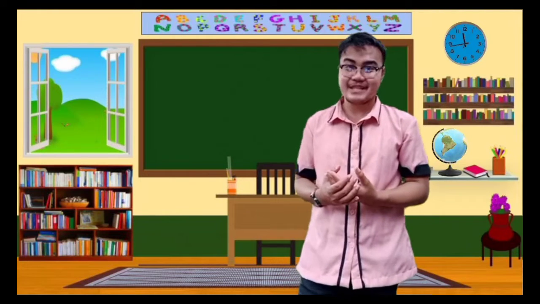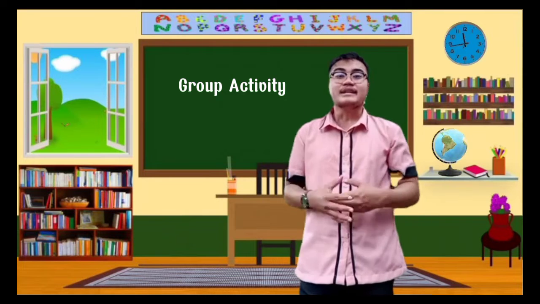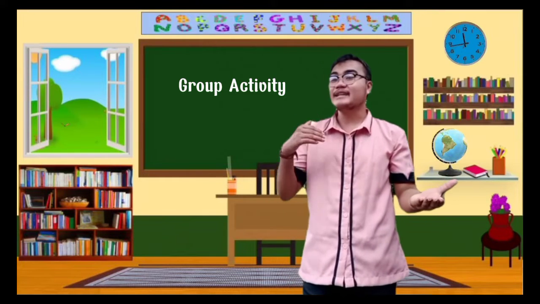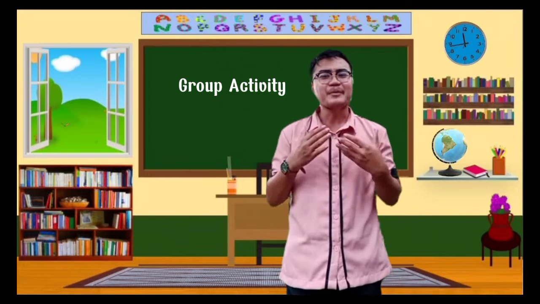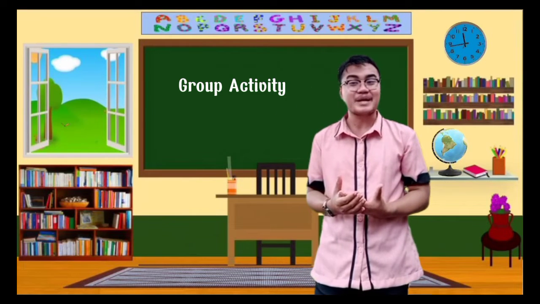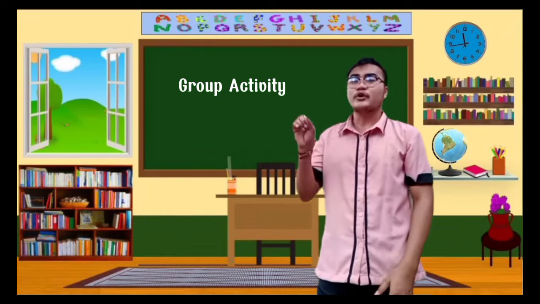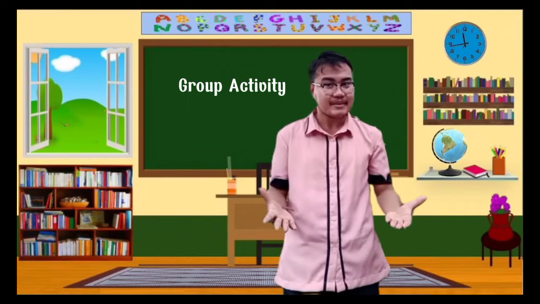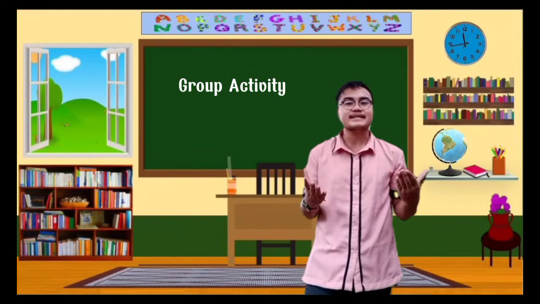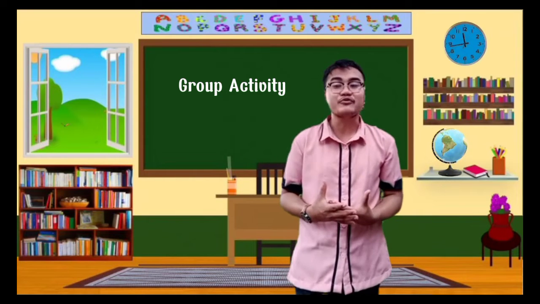Now, let's proceed to our activity. So I will group you into two. This side will be group 1 and this side will be group 2. Now, listen up. I will call the first team the present form and the second team the past form. For group 1, each member from your team will write one sentence on the board using a regular verb.